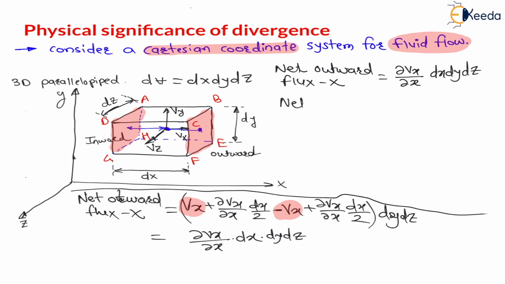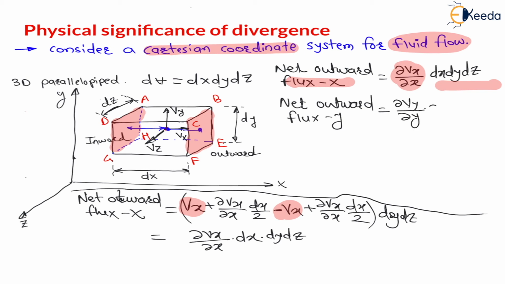Similarly, the net outward flux along y direction. See, as here we have considered velocity gradient along x direction for x direction and volume will remain same. Therefore, for y direction we have to consider velocity gradient along y direction, which is nothing but dou Vy by dou y into volume dx dy dz.